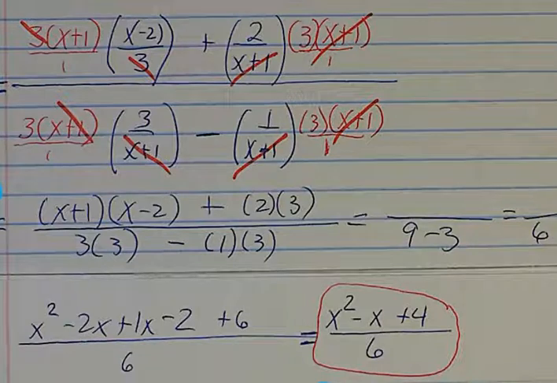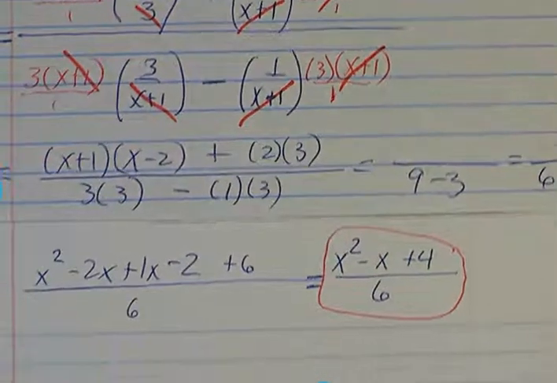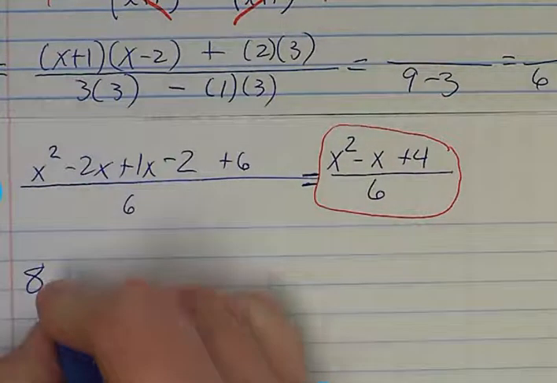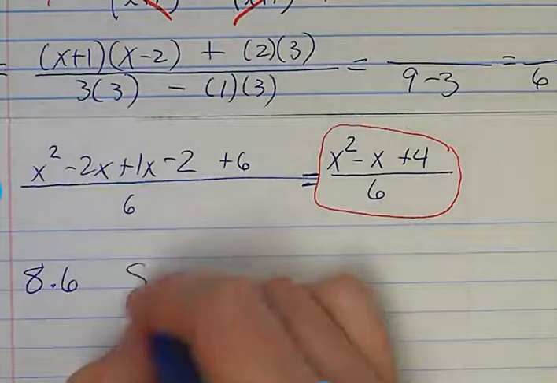Okay, so that was the last piece of 8.5, and again, we kind of wanted to wait for that one for today because the next thing we're going to do in 8.6 is we're going to take the same thoughts we had here, but we're going to add that to 8.6.